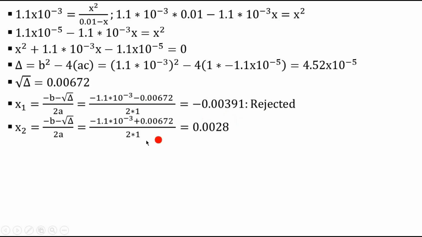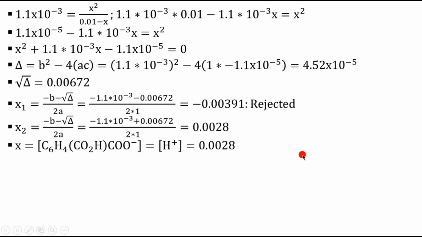We also have x2, which is equal to 0.0028. Then the hydrogen dissociated from the first dissociation will be equal to 0.0028, so H plus is equal to 0.0028. This is the hydrogen from the first dissociation.